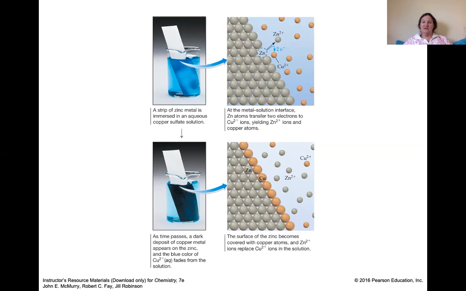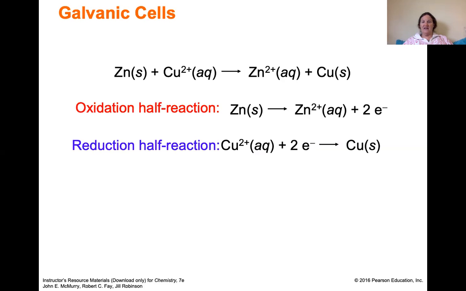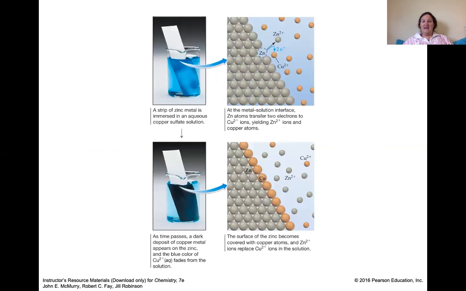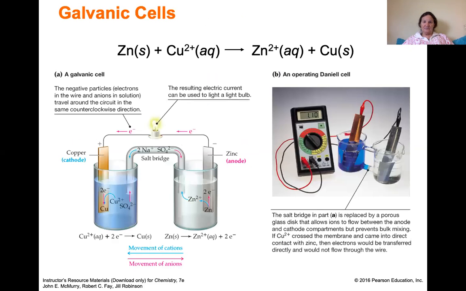This is just showing you that as time goes on, you're going to start coating the surface of the zinc. What we put in this flask was zinc solid into a Cu2+ aqueous solution. As the reaction goes on, the zinc metal goes into solution as zinc 2+, and the copper becomes solid, so it coats the surface of that chunk of metal.